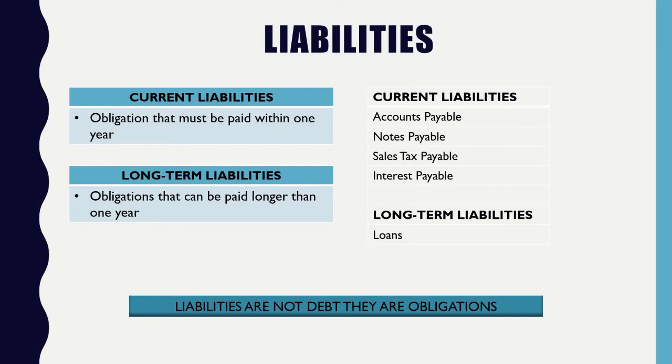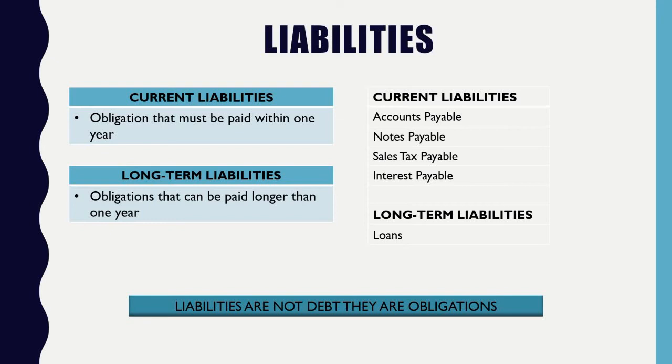A lot of the concepts are similar, but the terminology is all over the place. So I want to make sure that you understand that it is not something that you are creating debt for. It is an obligation that you are required to pay back. That's what I want to get across here, okay?